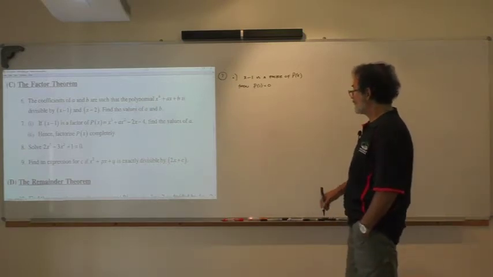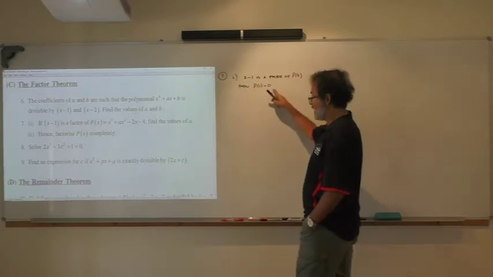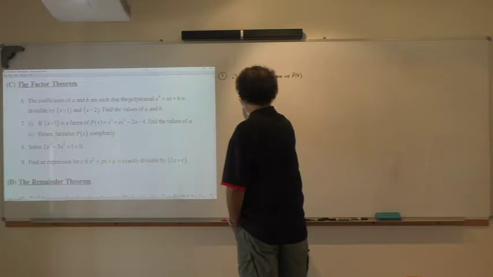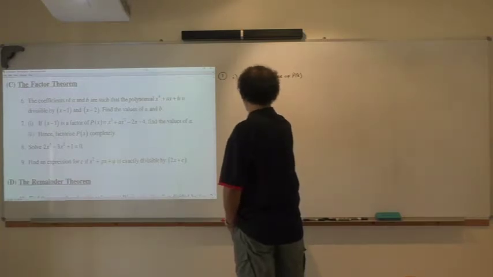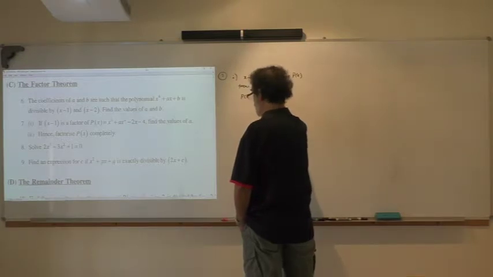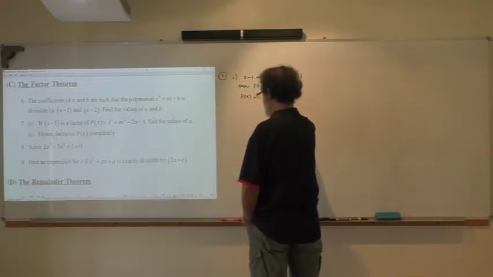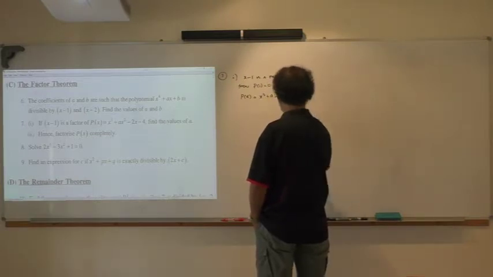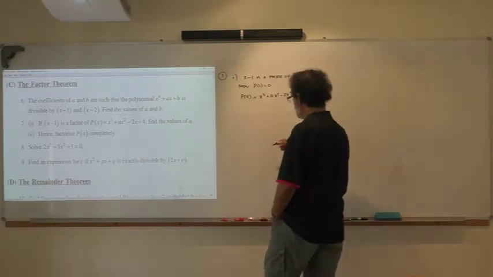And then we're going to substitute this into my polynomial. So p of x is equal to x cubed plus ax squared minus 2x minus 4.